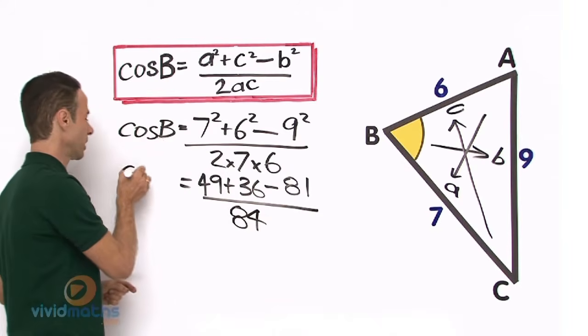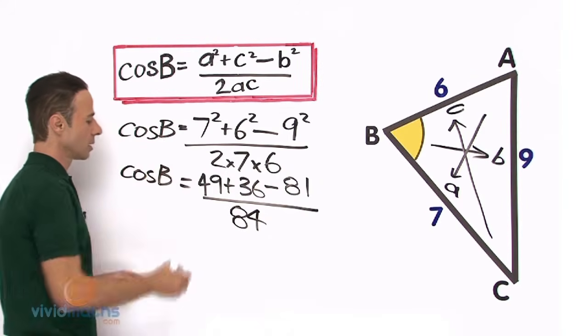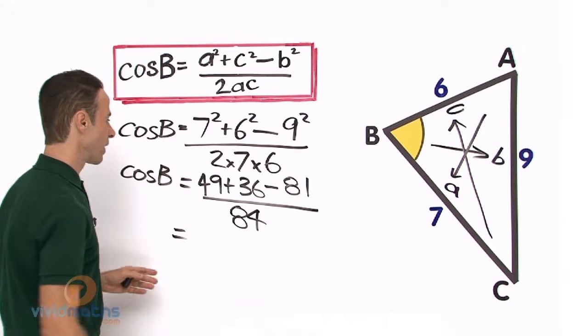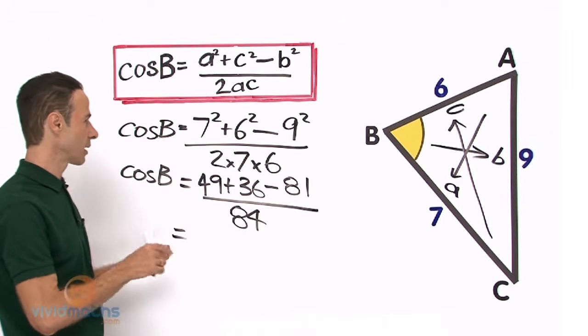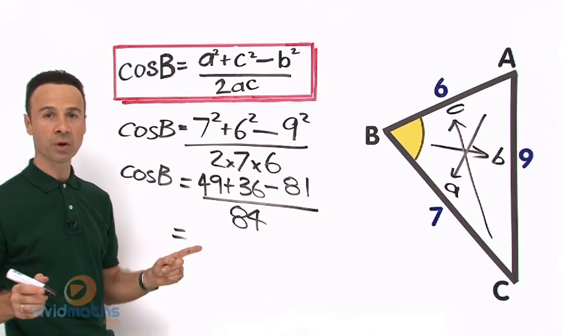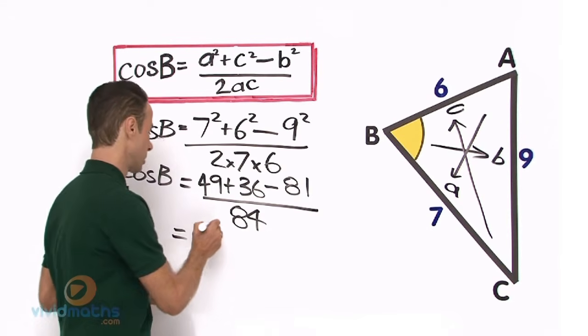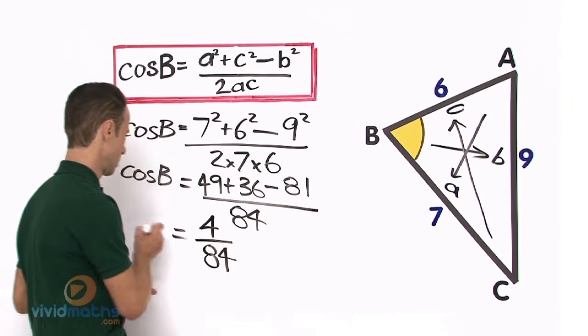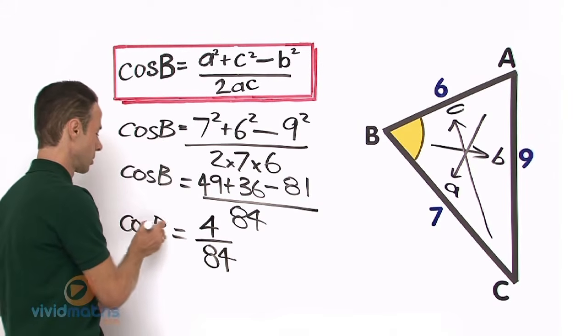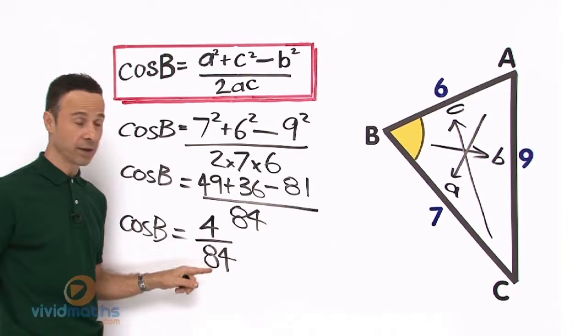So that's cos B again. Now as we simplify this, 49 plus 36, take away 81 on the calculator will give you a grand total of 4. Four over 84, so let's do that.